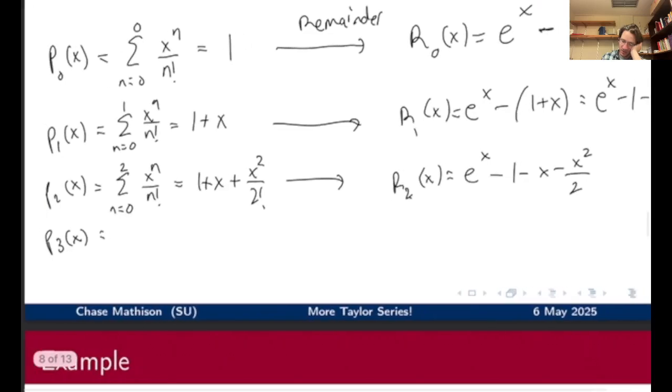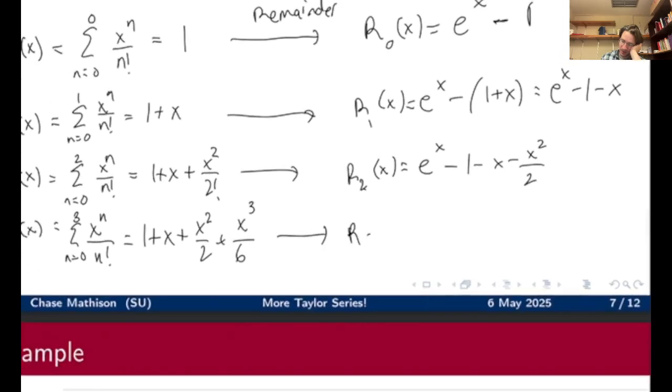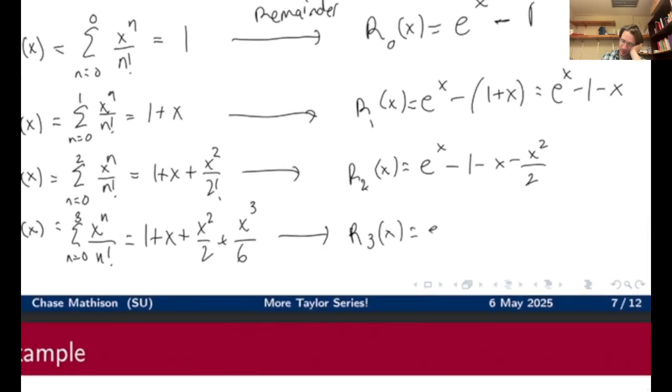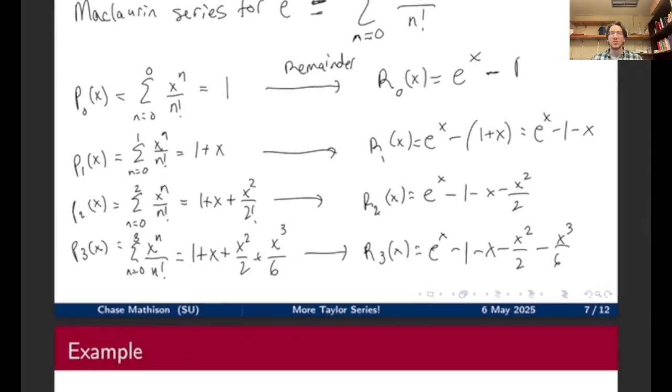And the third degree Taylor polynomial centered at 0 looks like this. 1 plus x squared over 2 plus x cubed over 3 factorial, which is 6. And so R3 of x equals e to the x minus 1 minus x squared over 2 minus x cubed over 6. Okay. And we can look at all these things again in Desmos.